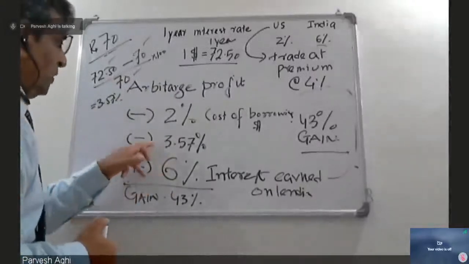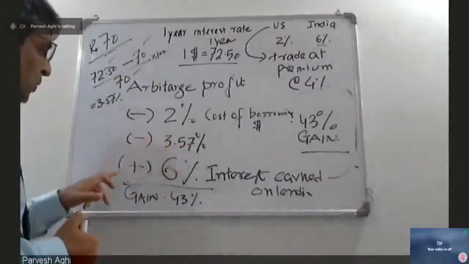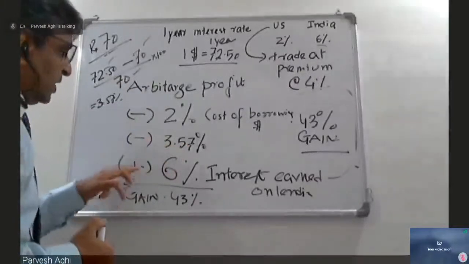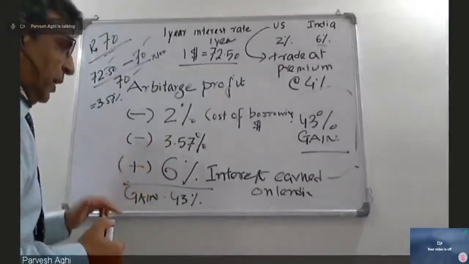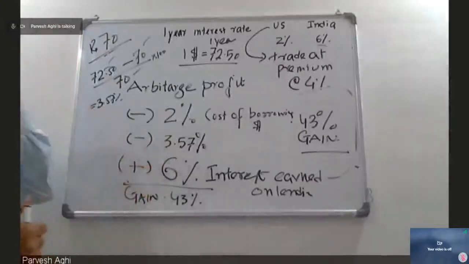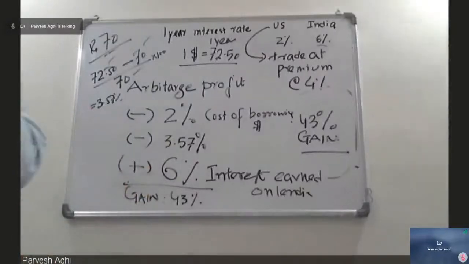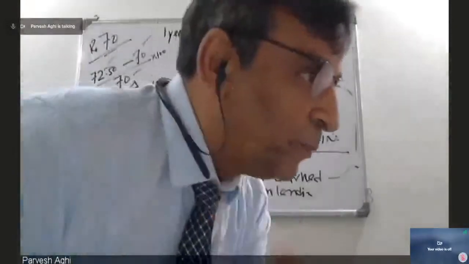So 3.57% you are going to lose. Then you are going to gain 6%, the interest which you will be earning in India on the rupees you have put in India. So the arbitrage gain will be 0.43%. I hope you have understood this.